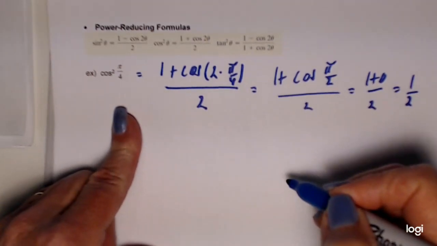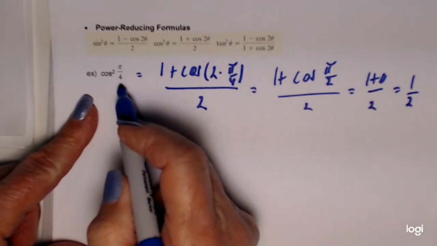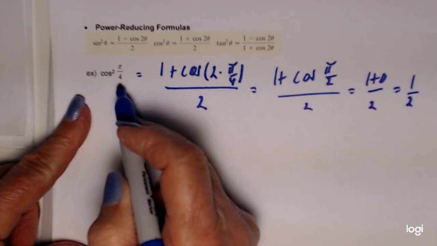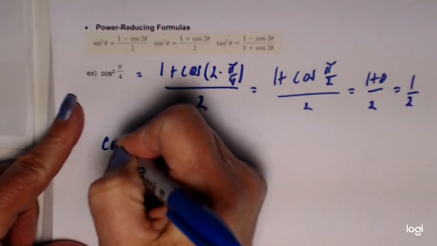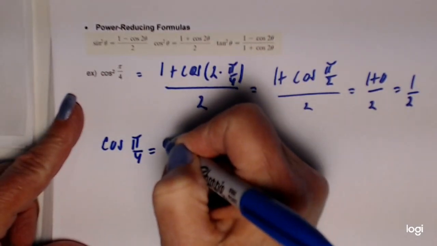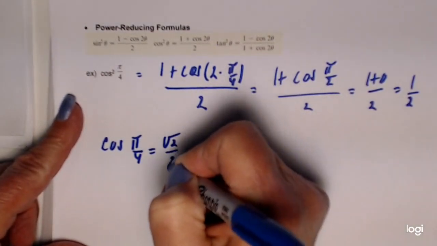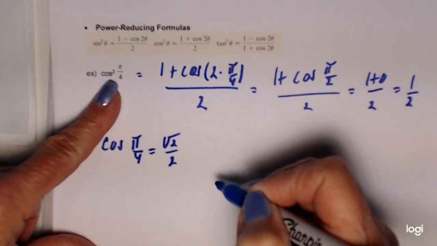However, if we go back to our original statement, we are looking at the cosine squared of pi over 4. We know the cosine of pi over 4 is equal to square root 2 over 2. This is an angle we can evaluate pretty easily.